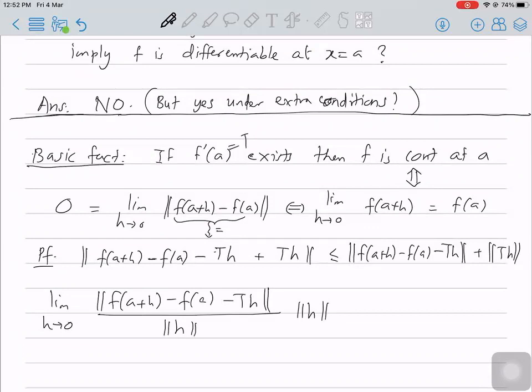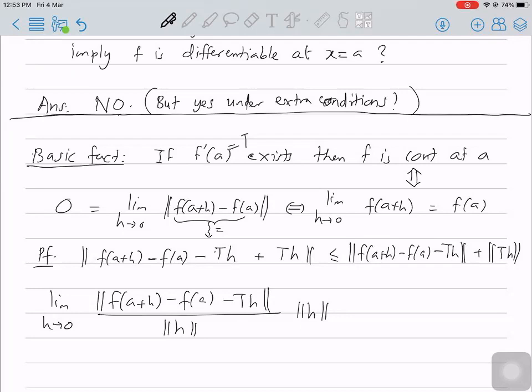So how does this help? The point is that this first term does have a limit as h approaches 0. What is the limit of the first term as h approaches 0?